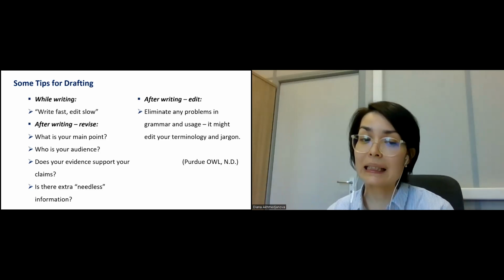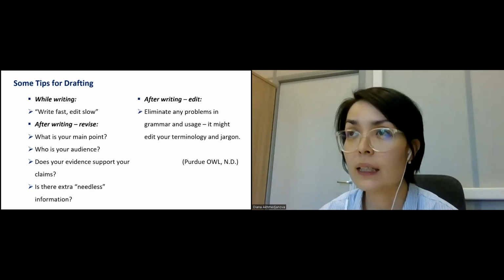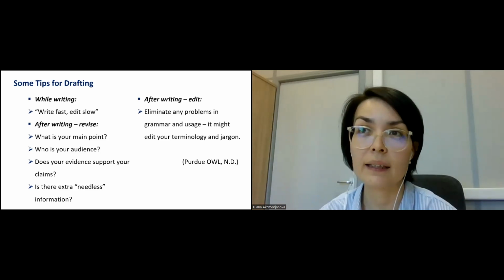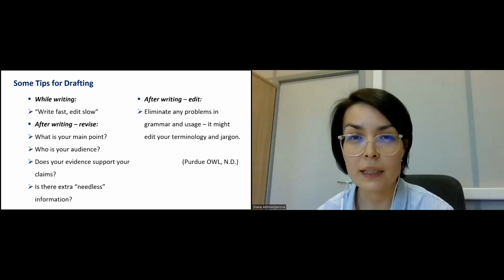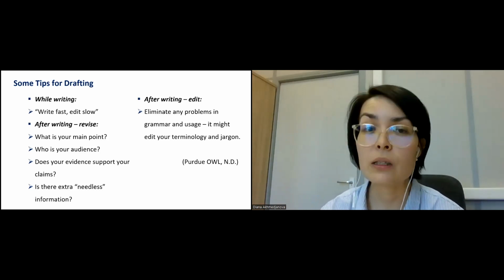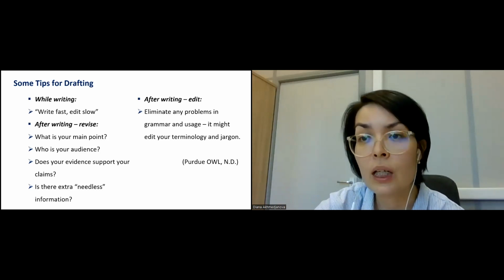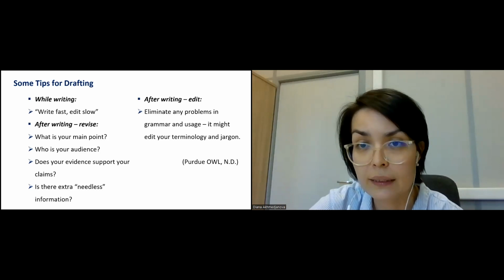Is there extra needless information, right? Earlier during the seminar, some people were saying that it talks about similar concepts, but from other fields. So you have to keep an eye on that information, especially when you use tools to generate your text.